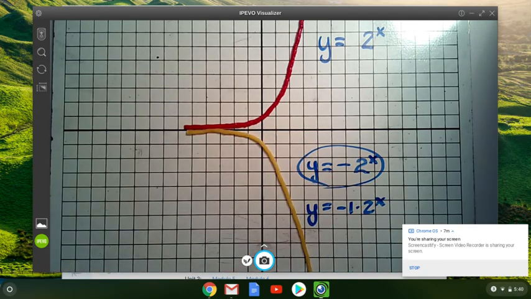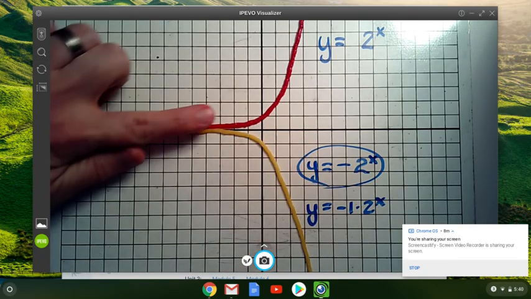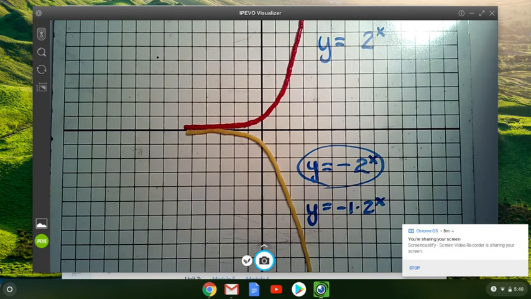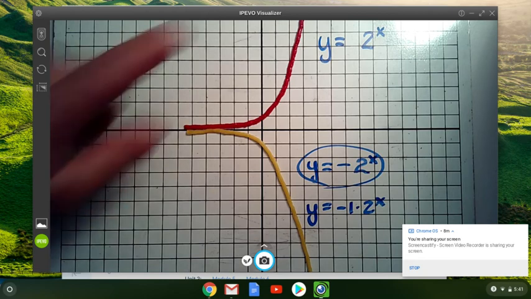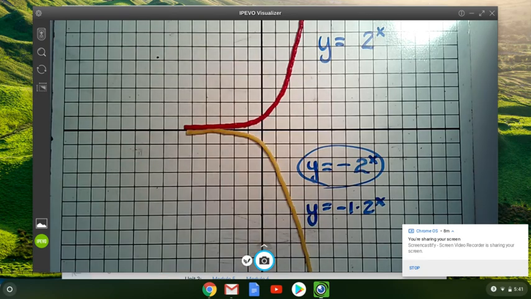The asymptote is still the x-axis, but now the graph goes down. It's decreasing as we go left to right. Same graph. The a value has just flipped it. That's the effect the a value has when it changes from positive to negative on the parent functions for a quadratic function, absolute value function, and exponential function.